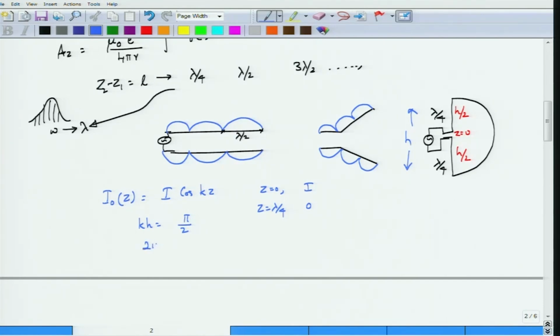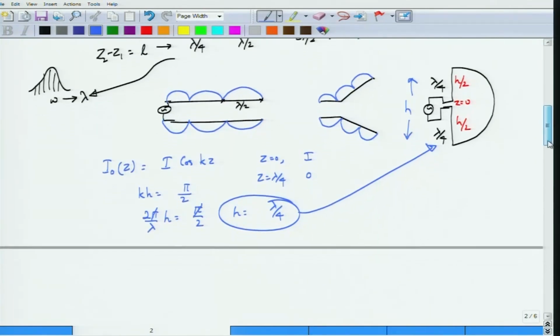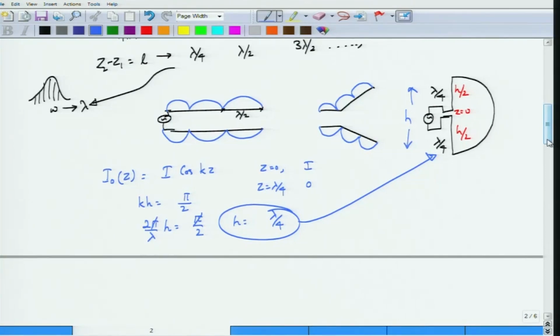But I know that k itself is given by 2 pi by lambda, therefore, multiplying this by h will give you pi by 2, pi cancels on both sides, and h is basically given by lambda by 4. Well, there is no surprise, we were actually looking for a lambda by 4 antenna arm itself, because that is the current distribution which we said would be for a lambda by 2 antenna, from the transmission line picture. All that this last statement has told us is that we are consistent with our approximations.